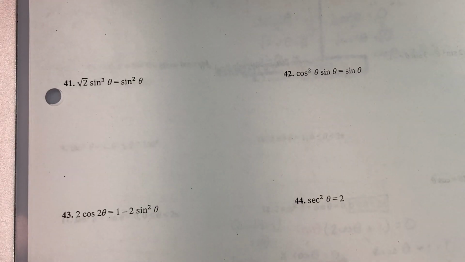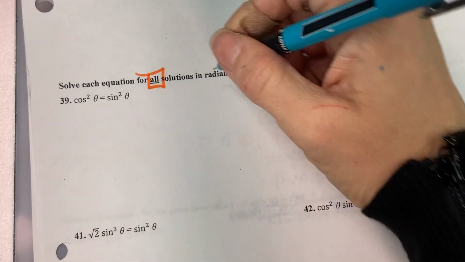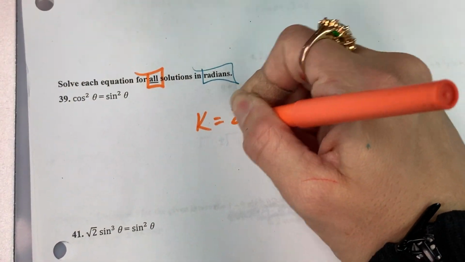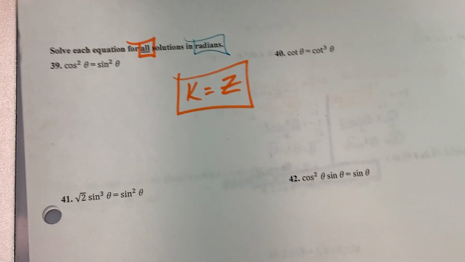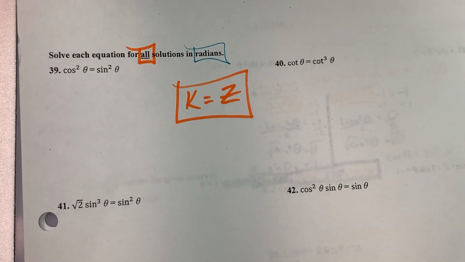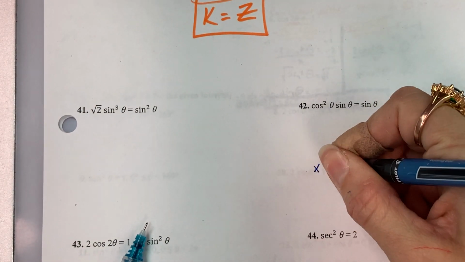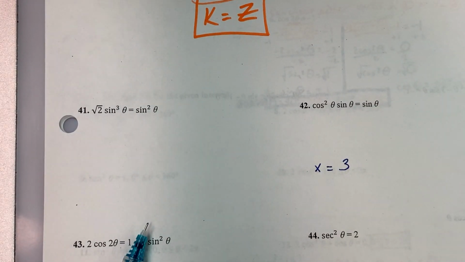So on number 44, we want to find all solutions in radians. So I'm going to go ahead and immediately define K to be equal to the set of all integers. So K is equal to the integers. Our solution is in radians. Now, folks, before we get into number 44, if I have x equals 3, could I reciprocalize both sides as an operation, and would it still be true?